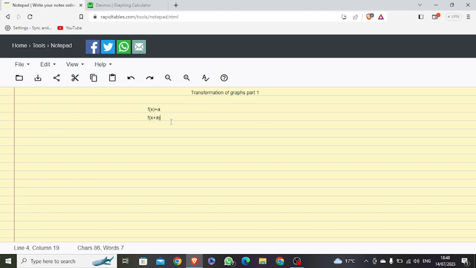For f(x plus k), it moves horizontally, and for f(x) plus k, it moves vertically.